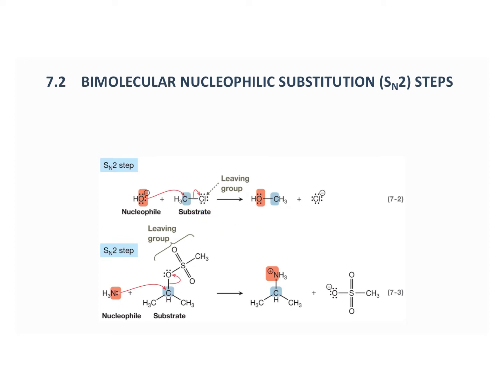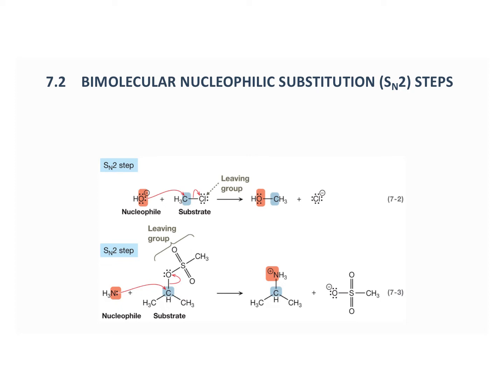It's called a substitution because if you look at the CH3 here, where there was a chlorine before as the 4th bond, now there's an OH. Something has been substituted. Now, just as we saw with the proton transfer steps, an SN2 step is an elementary step, and that means the reactants are converted into products in a single event.